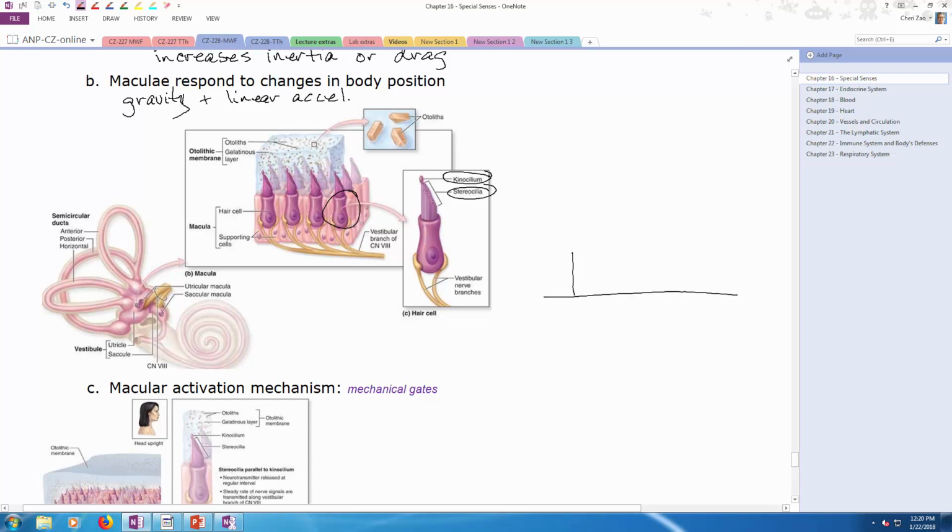Let's make a wedge here of hair cells. Make them look columnar. We're not too interested in our support cells right now. And let's make our kinocilium tall and a couple of guys next to him.